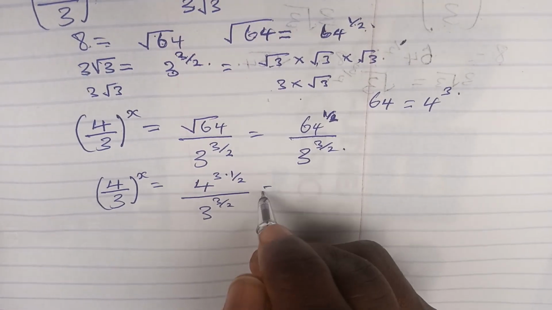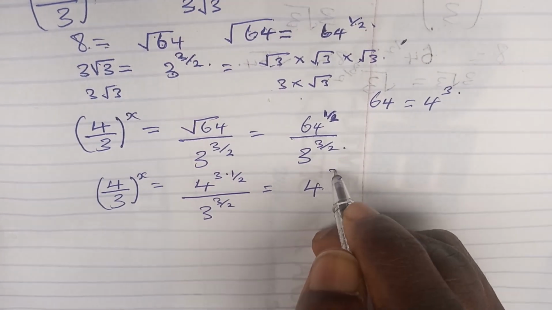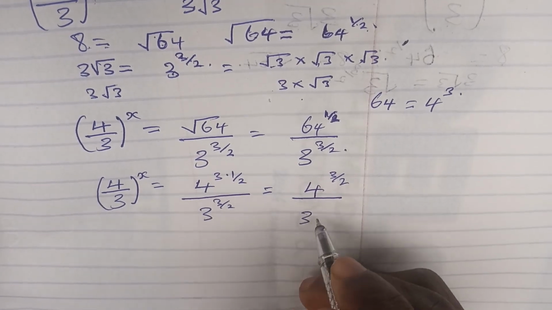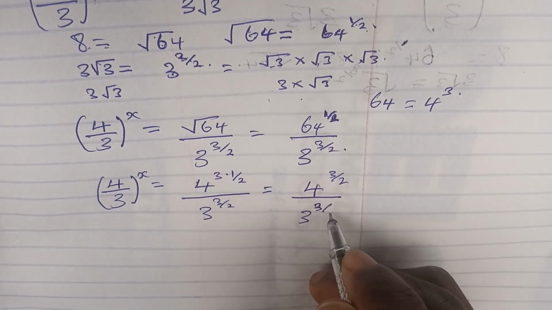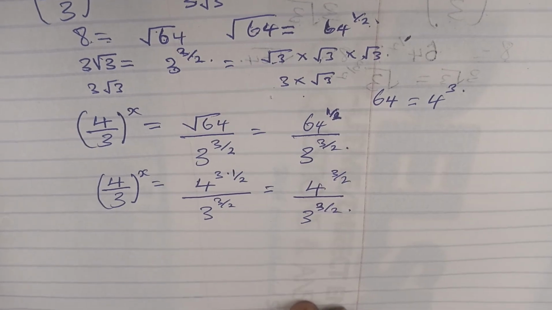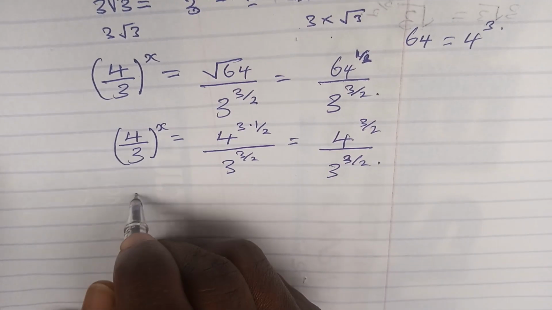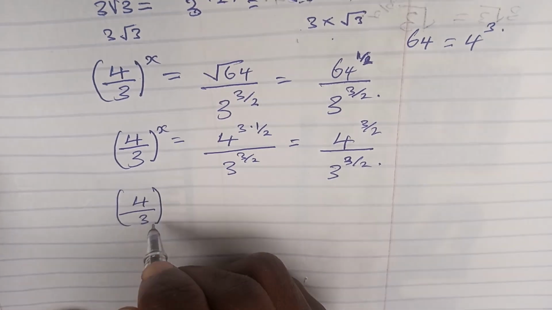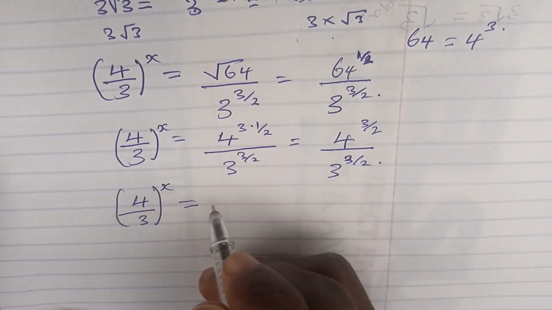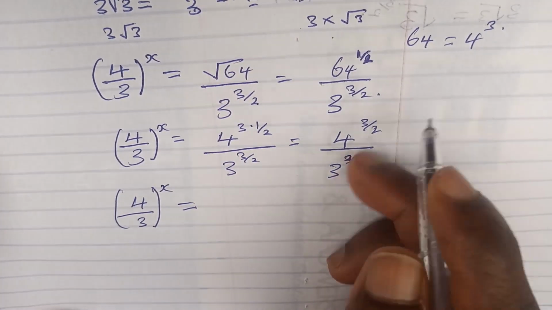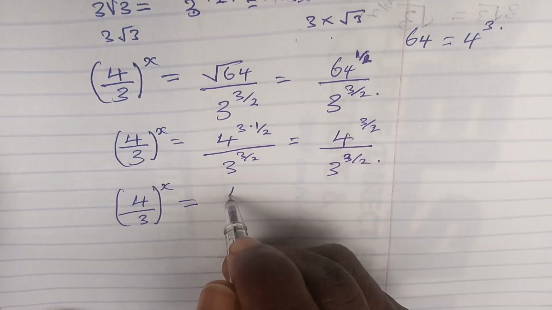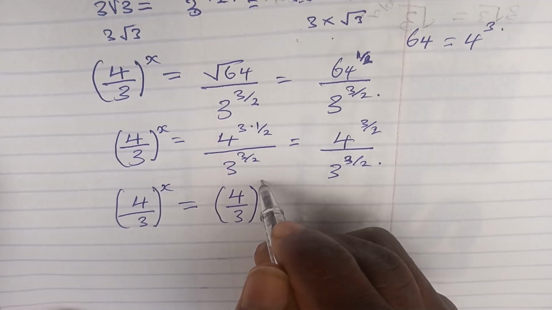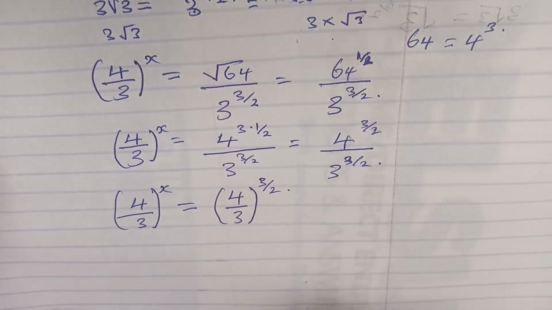Which implies we now have 4 to the power of 3 over 2, all over 3 to the power of 3 over 2. So (4/3) to the power of x is equal to this, and we can easily bring them out, right? So we can say (4/3) all to the power of 3 over 2.